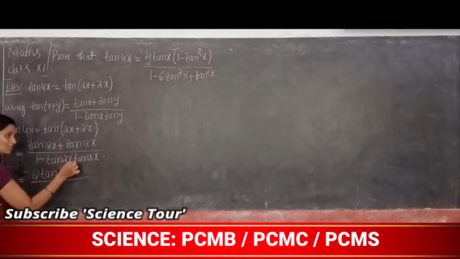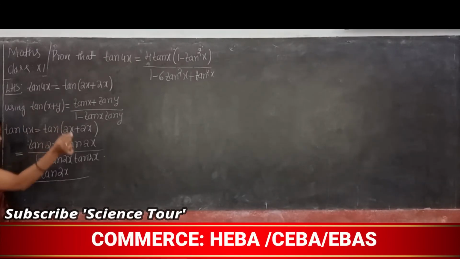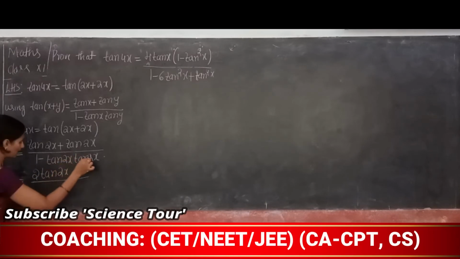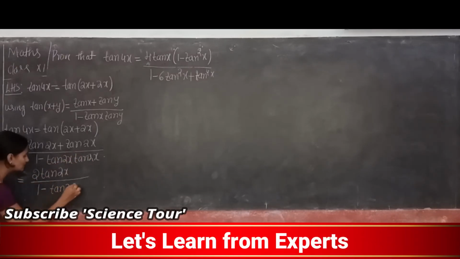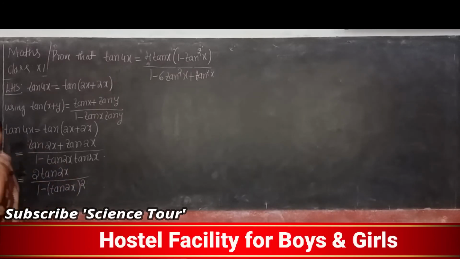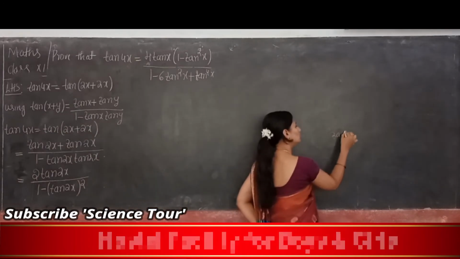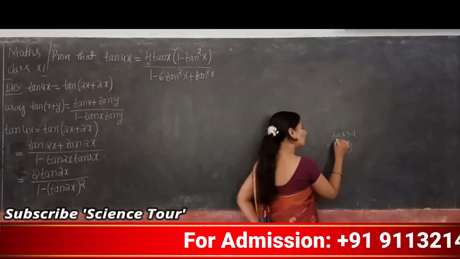Tan x into tan x is tan square x, or tan x whole square. So tan 2x into tan 2x is tan 2x whole square. Both are the same, no? A into A is A square. So 3a into 3a is 3a whole square.